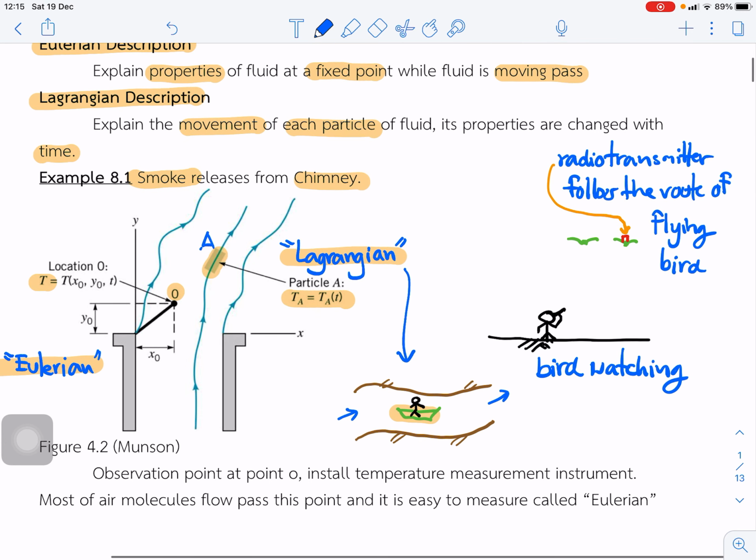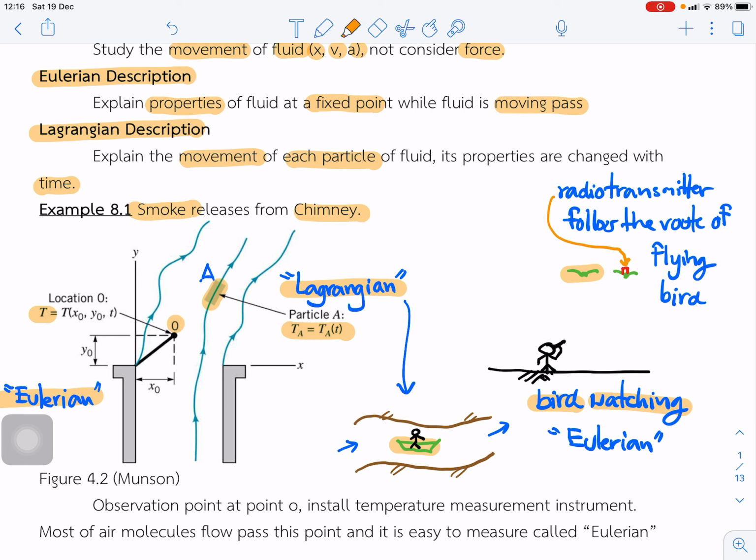Another example, if we do bird watching, sitting on the ground and looking at the movement of the bird in the sky, that is the Eulerian description. Another way, if we put a radio transmitter on a flying bird to follow its route, that is the Lagrangian description.